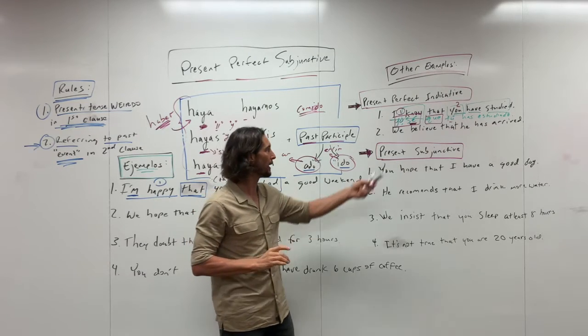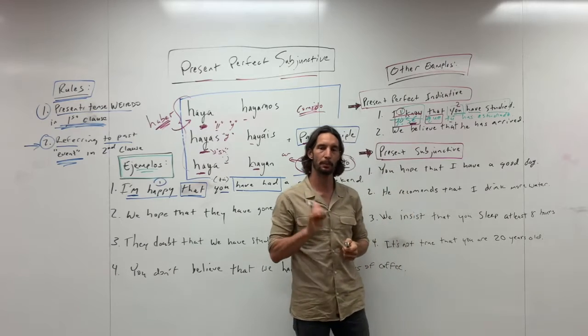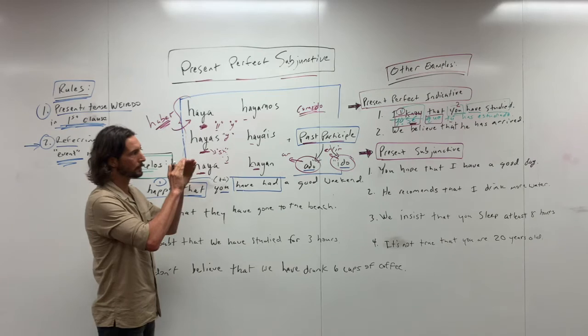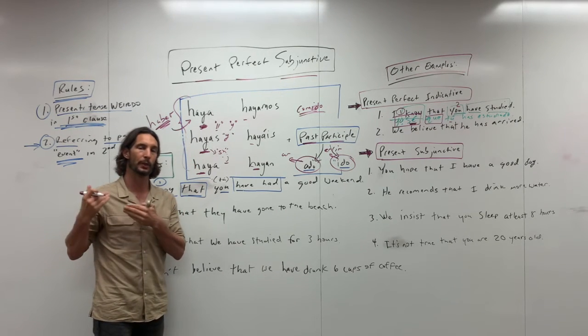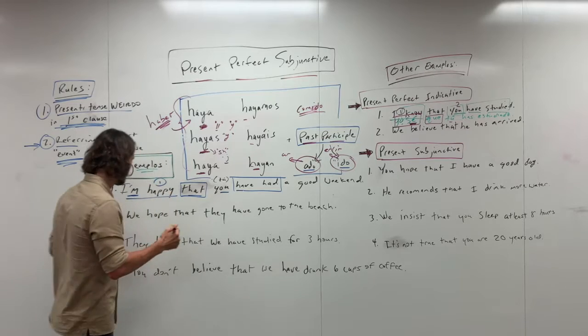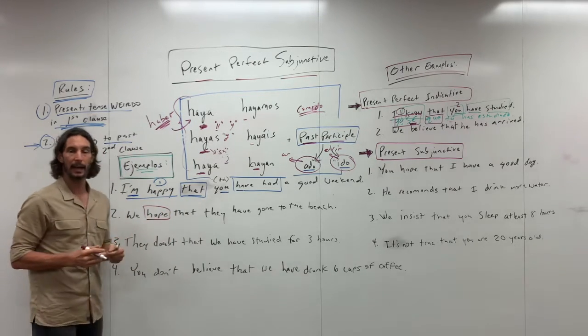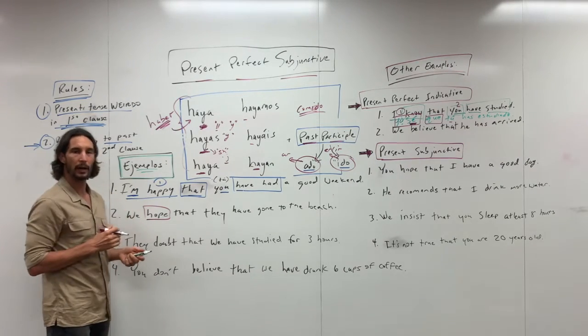And so that's saying that I know that you have studied. That's the present perfect indicative. And so what differentiates the present perfect indicative from the present perfect subjunctive, like I said, is simply a verb like that, a weirdo. And let me just translate this one, and then we'll head on back over there.